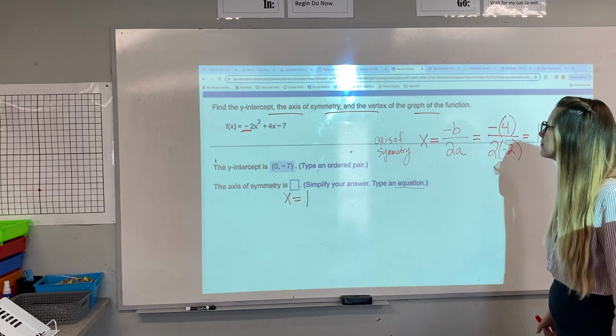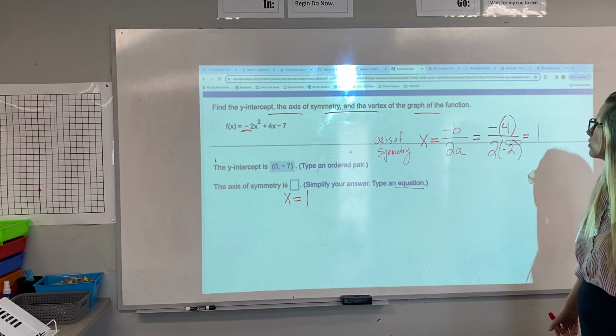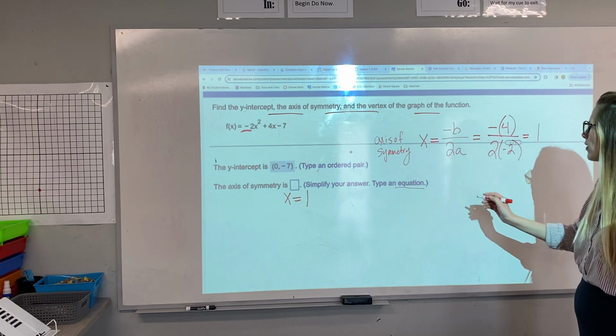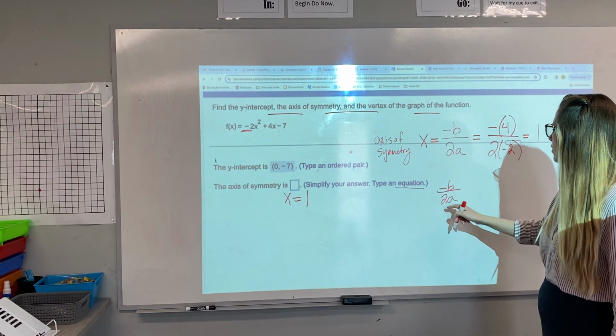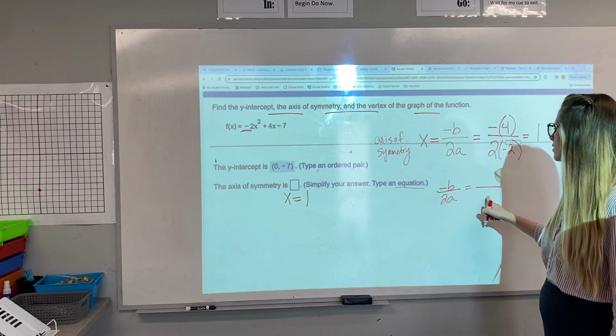What would mine be? Did you plug it in? Okay, so you have negative b over 2a, so 2 times a under negative b, and tell me what you filled in here. -6. Well, +6.